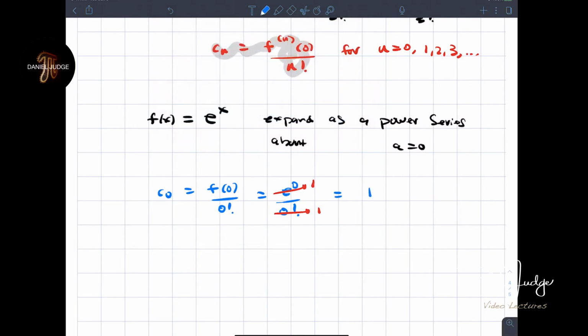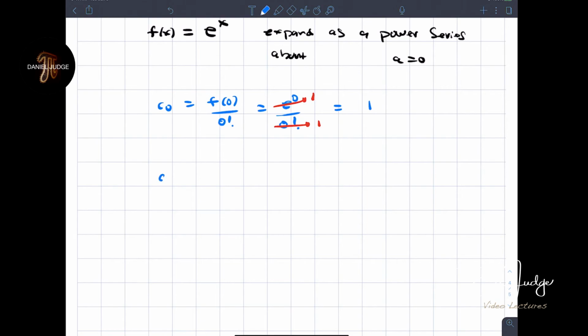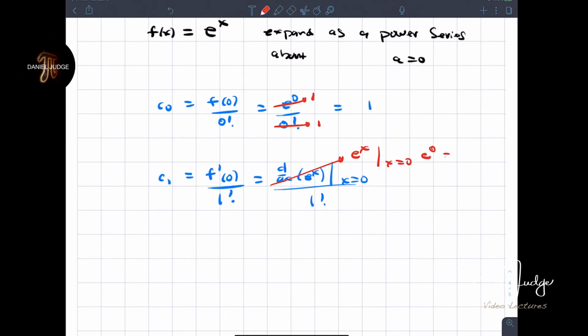So my first coefficient is 1. c1 will be f prime of 0 over 1 factorial, and that's the derivative of e to the x evaluated at x equals 0 over 1 factorial, e to the x, which is e to the 0, which is 1. 1 factorial is 1, so my next coefficient is also 1. So I have c naught being 1, I got c1 being 1, and we're going to see what happens with the rest of the terms.